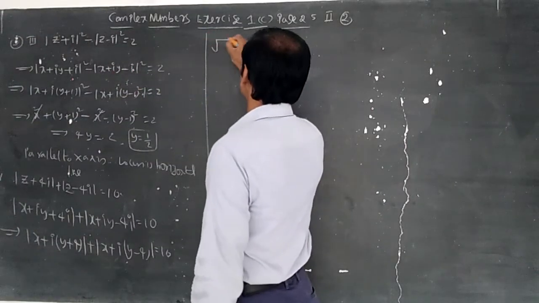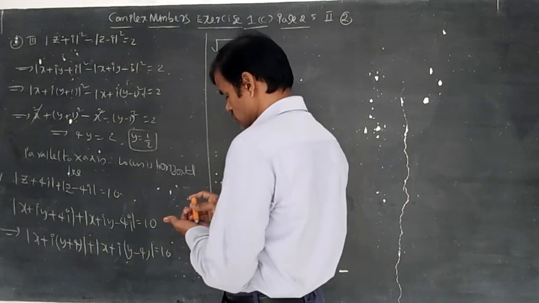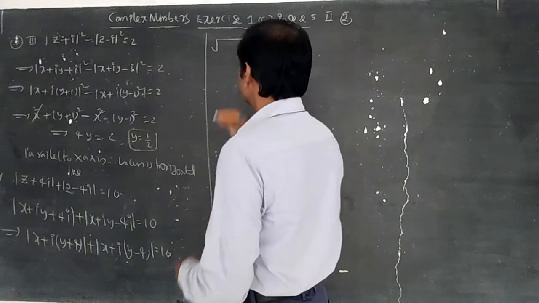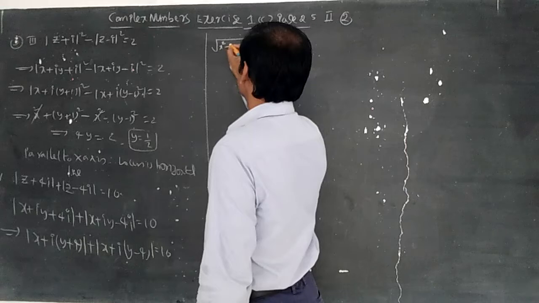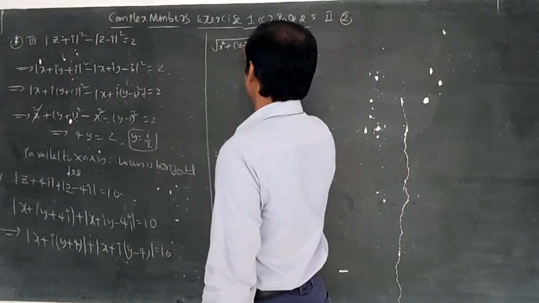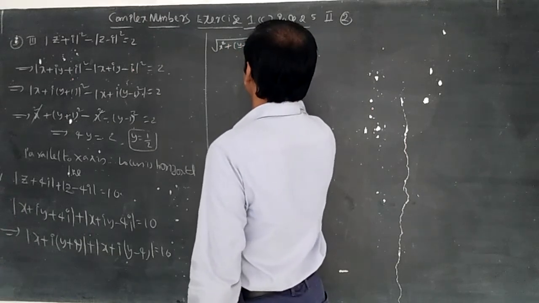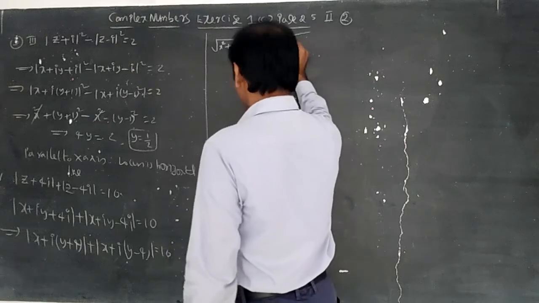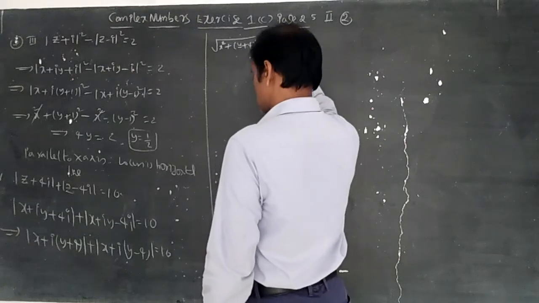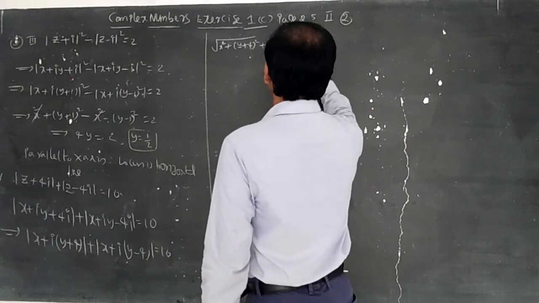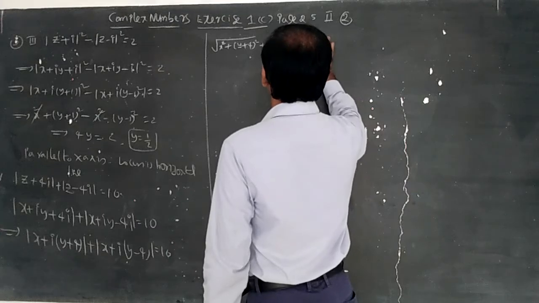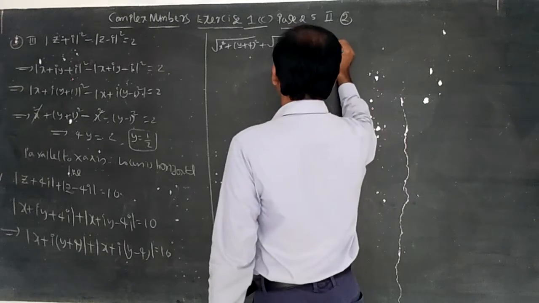Modulus itself is square root of component square plus component square. So root of x square plus (y plus 4) whole square plus square root of x square plus (y minus 4) whole square is equal to 10.